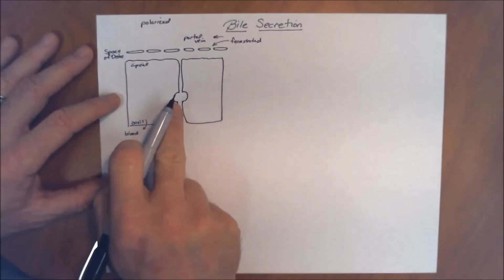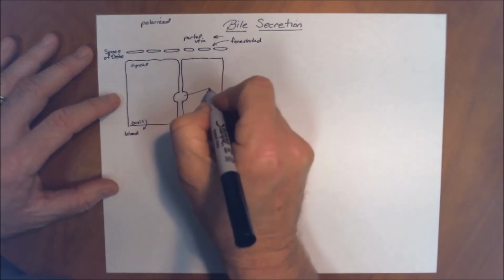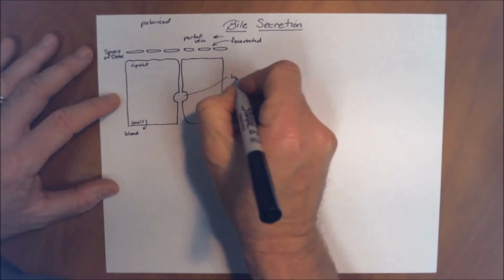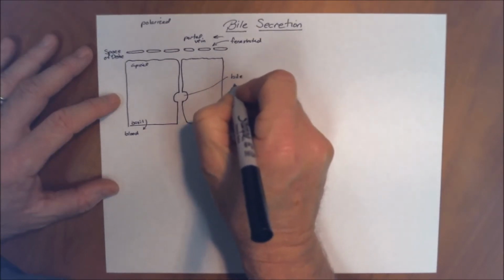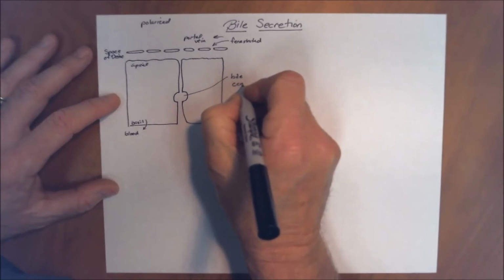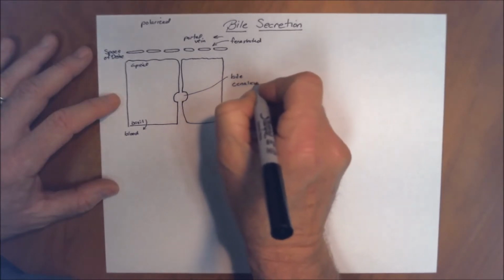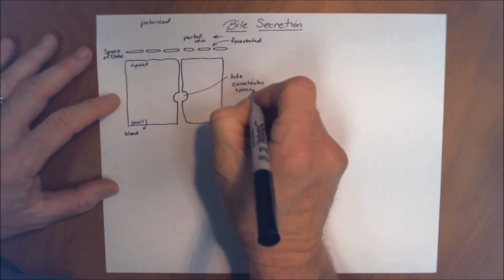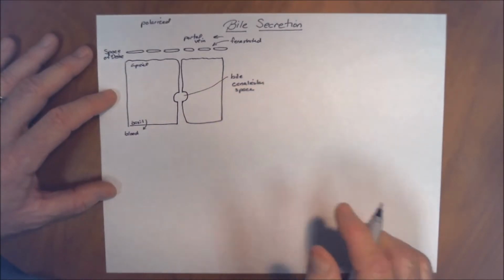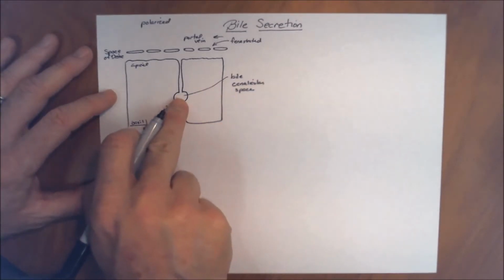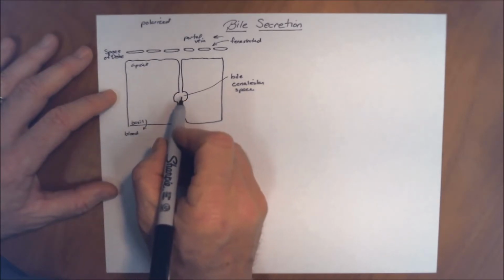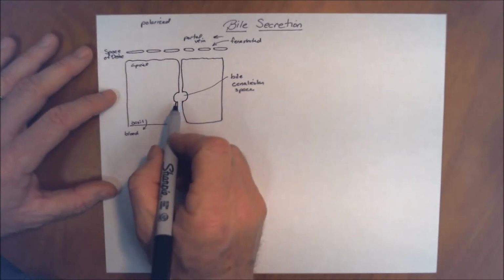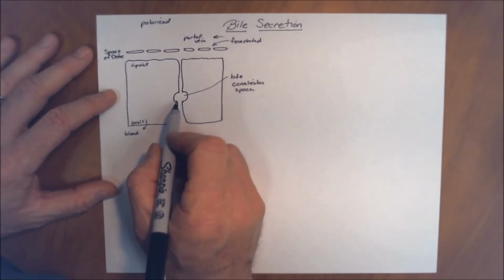Now what is this structure I've drawn right here? This is called a bile canalicular space. This is where the bile is going to be secreted because this is going to be continuous with the hepatic duct that leads to the gallbladder.